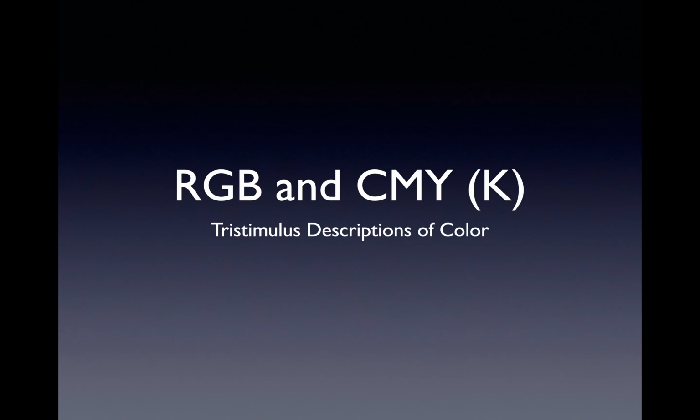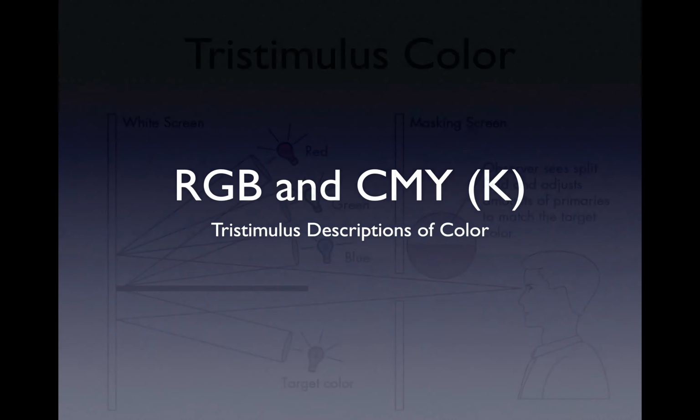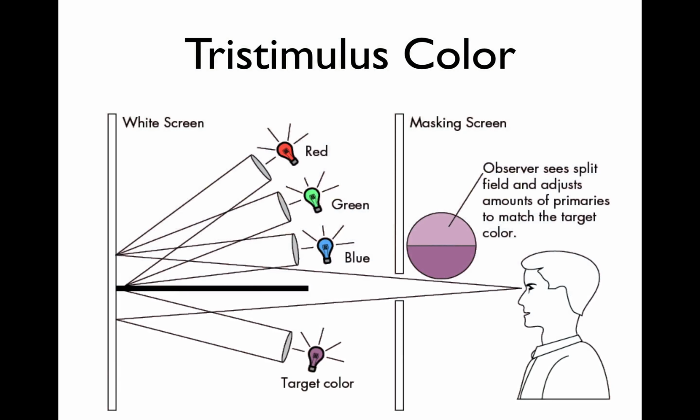So anyway, tri-stimulus just means 3 stimuli of color. That's all it actually means. This was a set of experiments that was done back in the 1700s. There was a very famous scientist whose name I'm not going to remember, who realized that you have 2 types of cells in your eyeballs, rods and cones. The rods are basically where light enters the edges of your eyes, and it primarily deals with motion.